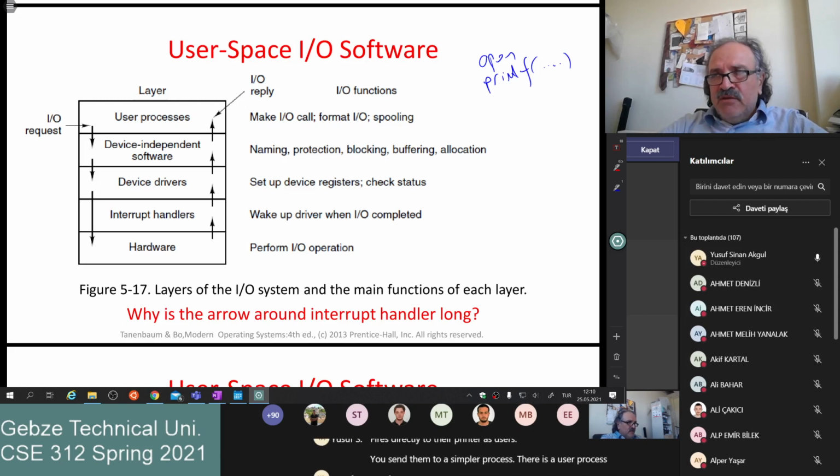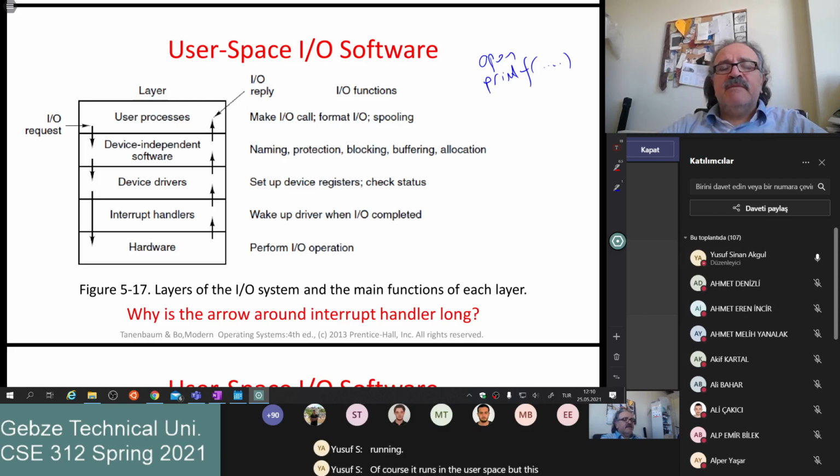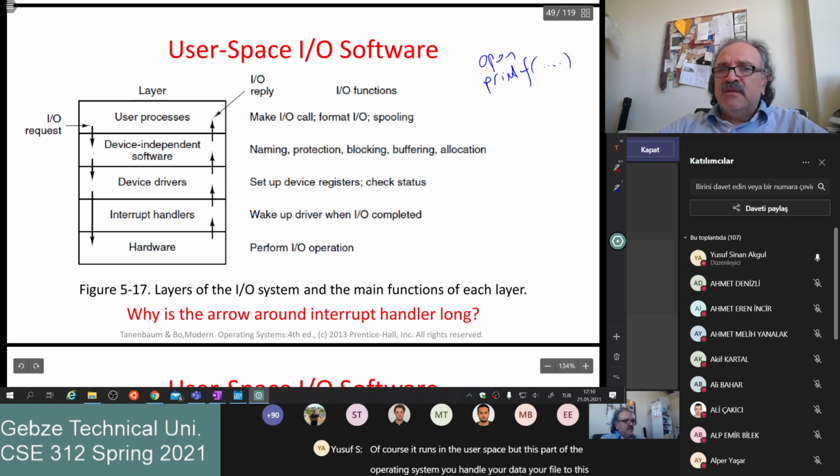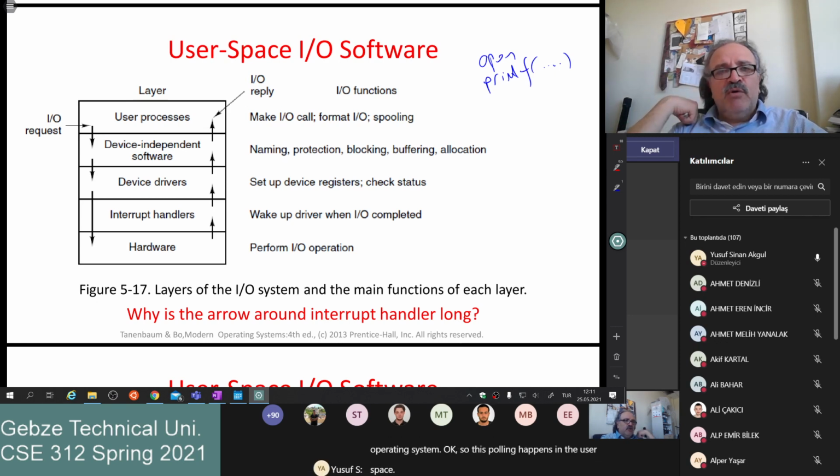Of course, it runs in the user space, but it's part of the operating system. You hand over your data, your file, to the spooler. Okay, the spooler then sends your data to the operating system. So the spooling happens in the user space. Spooling is part of the I/O, but it happens in the user space.